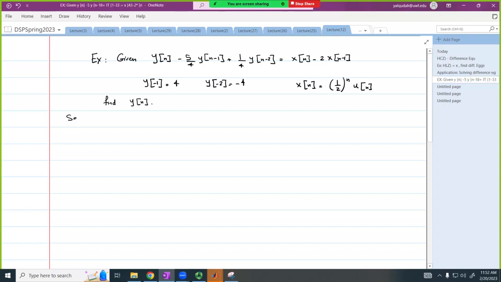So the solution, what is the first step? We're going to take the z transform of both sides. What is this z transform going to give me?